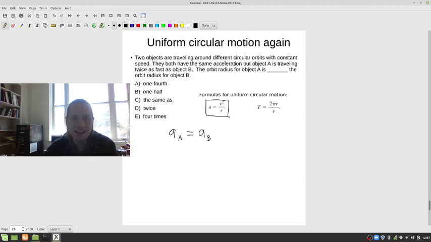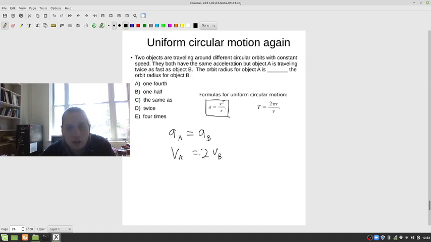But object A is traveling twice as fast as object B. So VA equals 2 times VB. The orbit radius for object A is what times the orbit radius for object B?